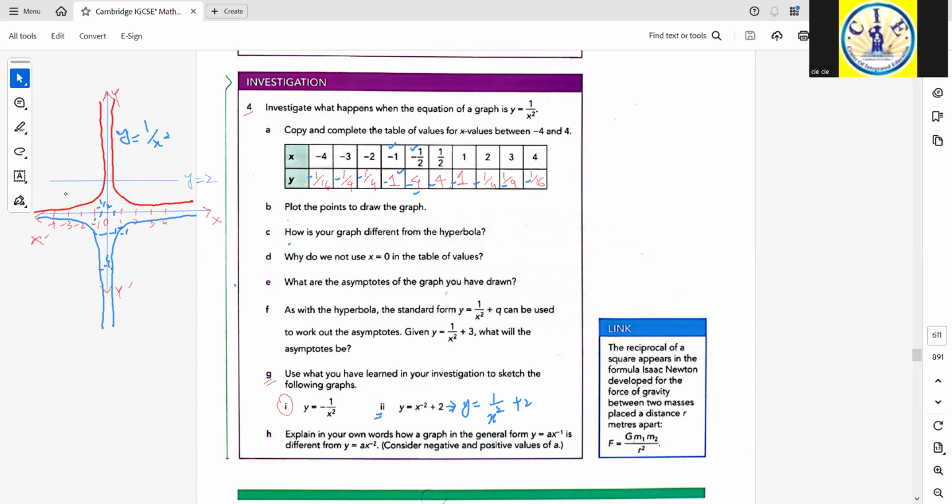So let me draw it with green color, and the graph would look like this and this. So this is the graph for y is equal to 1 divided by x squared plus 2, or you can write it down x to the power negative 2 plus 2, showing that y is equal to 2 is the asymptotic line for this graph.